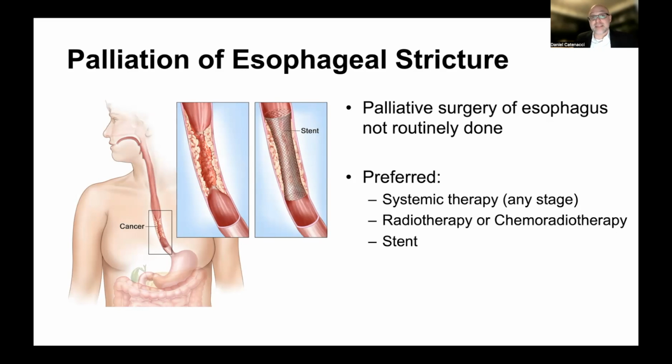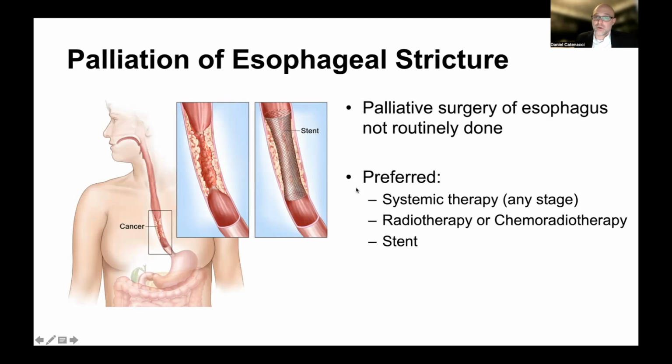So that said, there will be instances where the primary tumor in the esophagus and/or GE junction is blocking your ability to eat. And so the invasive procedure that we would consider here would be to place, again, a stent across this narrowing to help open things up and allow you to eat.